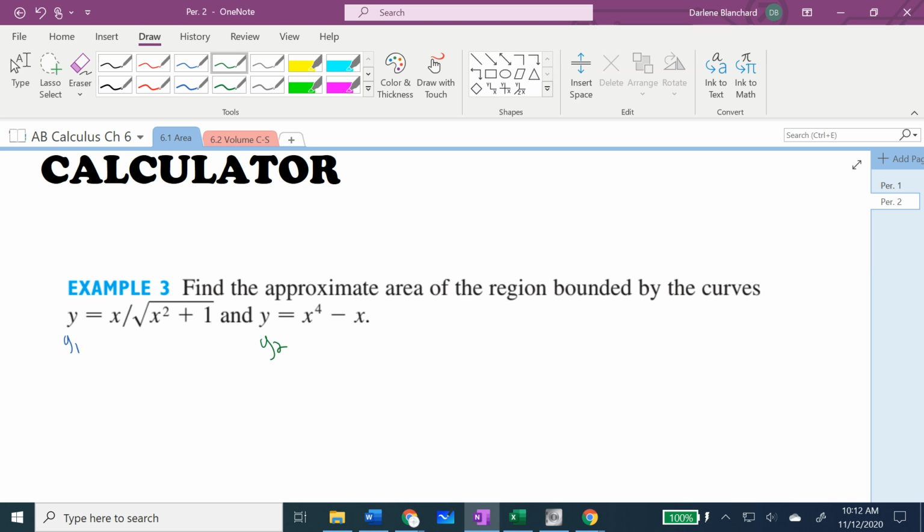When I first graph these functions, this is what I see. And I would like to zoom in. Do you see the zoom button right there in the middle, right under the screen? You can zoom in. If you push the zoom in button, I'll show you what you see.